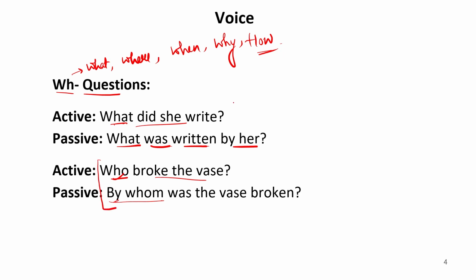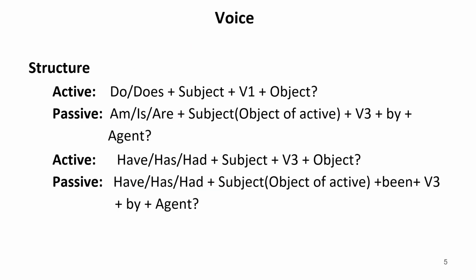Now let us move to the next sentence. Do or does plus subject plus verb 1 plus object. This is the basic structure of the given sentences that we have already done. In case of do or does, it is present indefinite. Therefore we use are, am or is plus subject, that is object of the active sentence, plus verb third form plus by plus agent, that is subject of the active sentence.